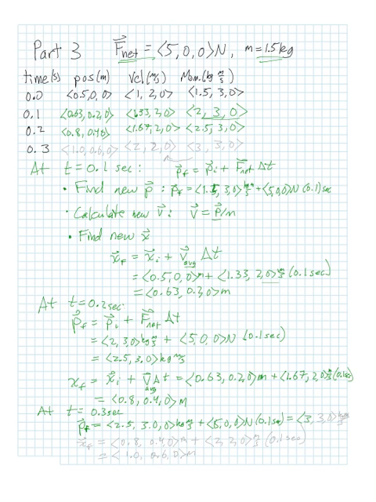And last but not least, we'll find the momentum, velocity, and position at 0.3 seconds. So you're probably getting the hang of this now. The final momentum at 0.3 is the momentum at 0.2, which was 2.530. Add on F net, which is 500 newtons.